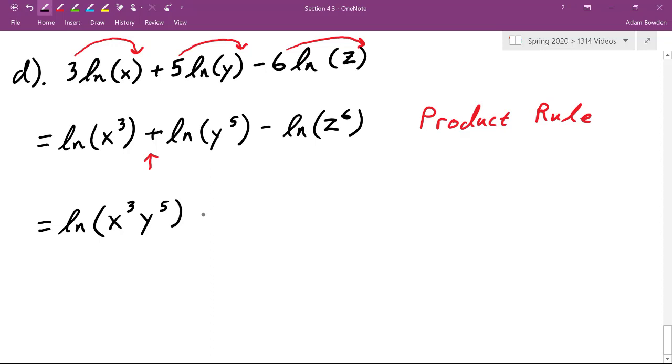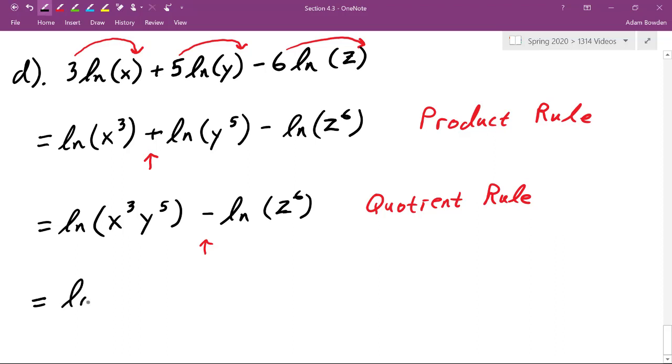So that's the product rule. And then we still have minus ln z to the sixth. And now we have just the subtraction left. And that's going to go back to the quotient rule. And so to do the quotient rule again, we have to take the subtraction, combine it into one logarithm, and we have division. What will go on top is x cubed y to the fifth divided by z to the sixth.